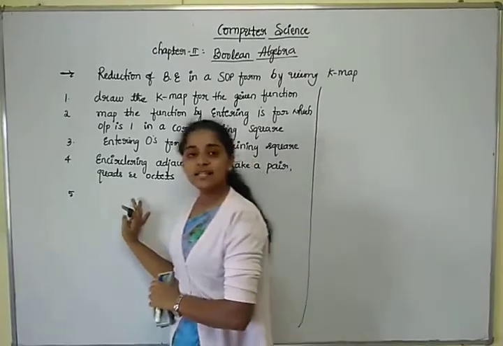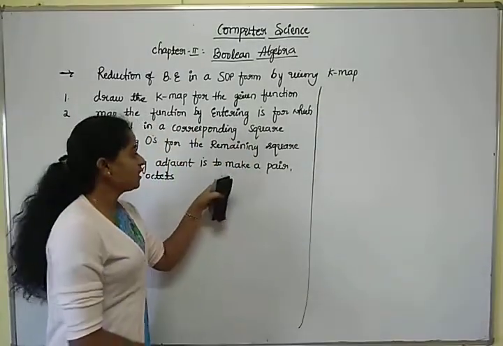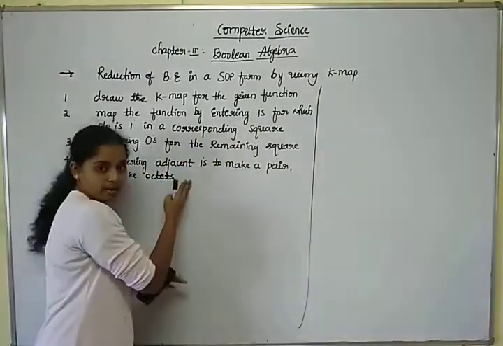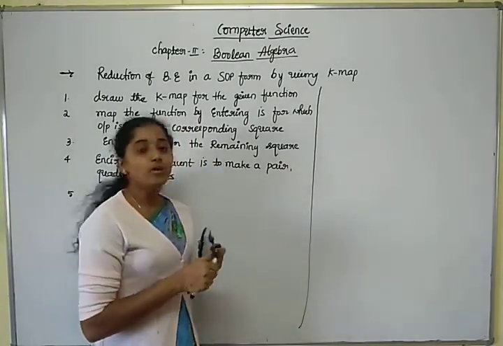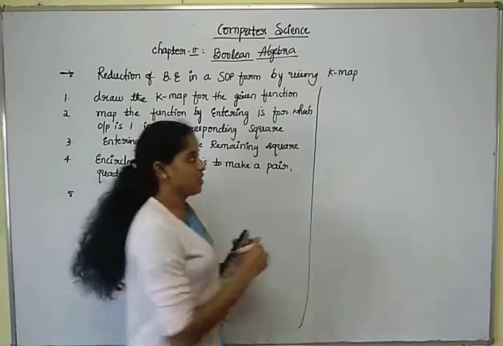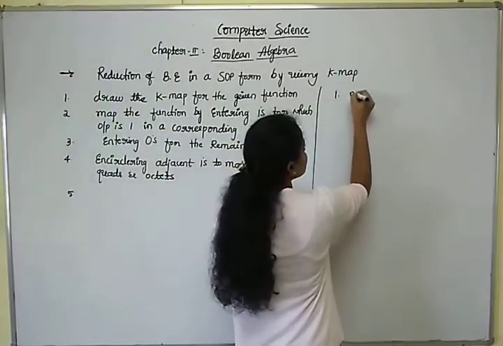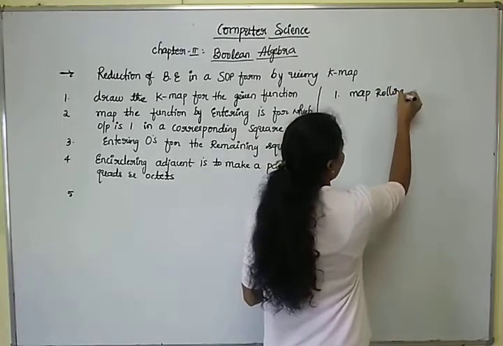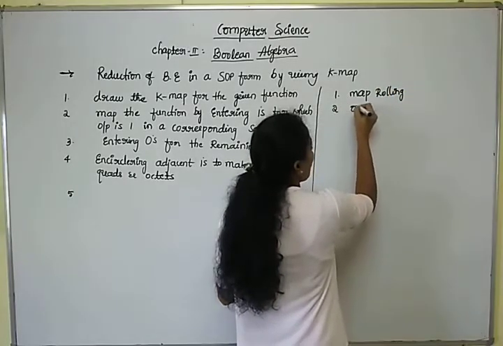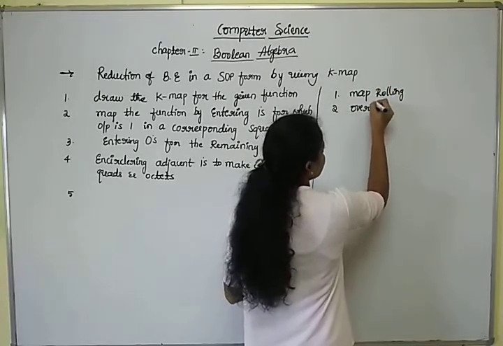As I told you yesterday, after making these pairs, quads, and octets, certain other things have to be taken care of before arriving at the final expression. The first one is map rolling. The second one is overlapping group.